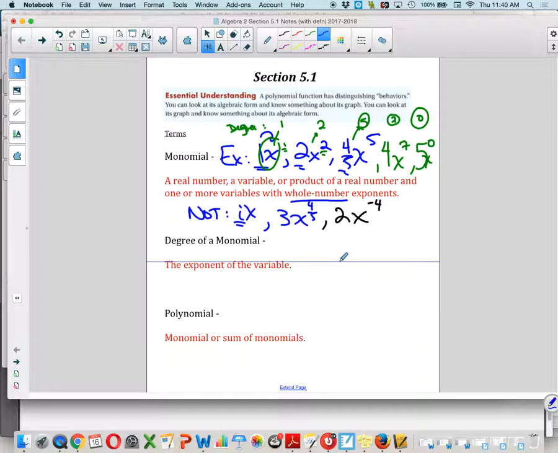To be clear, we also have a few subsets of that idea. For example, a binomial is when I have two monomials added together or subtracted together. We call it two terms. A trinomial, these are all words we've been using, is three terms. The key here is that these are where monomials are being added or subtracted together.